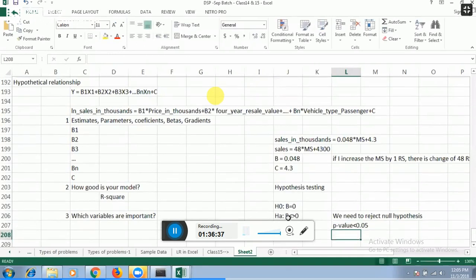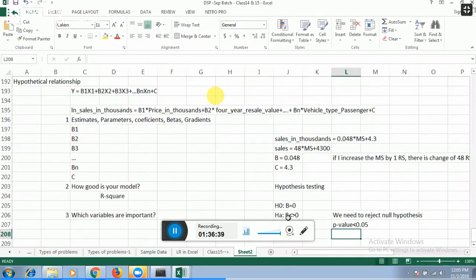I mean, my p-value is low, and you can reject your null hypothesis. So if p is less than 0.05, can I say that at the 95% level the variable is significant? Yes or no? That is exactly what we are going to check, whether the variable is important or not. When I say a variable is important, it means the variable is significant or not.